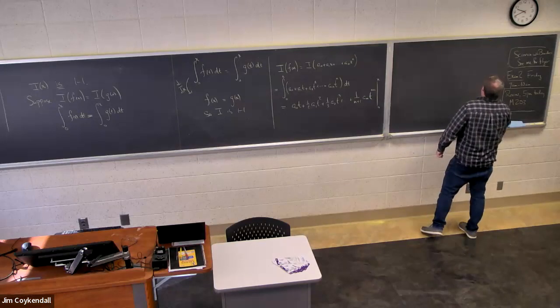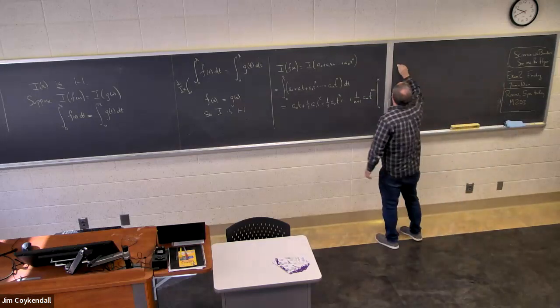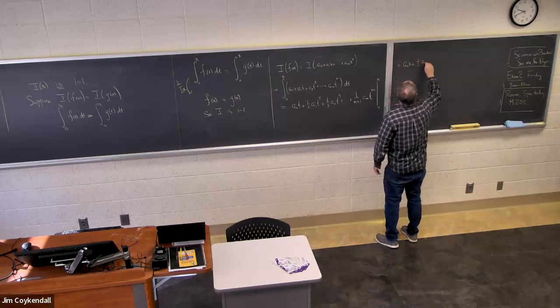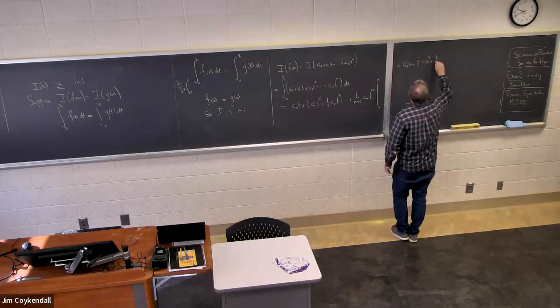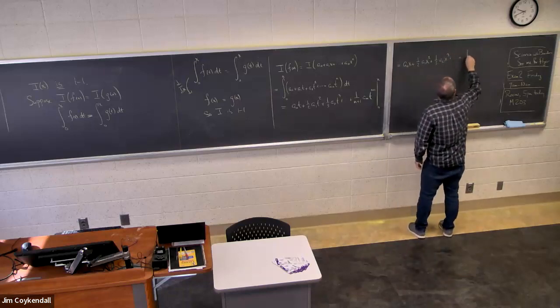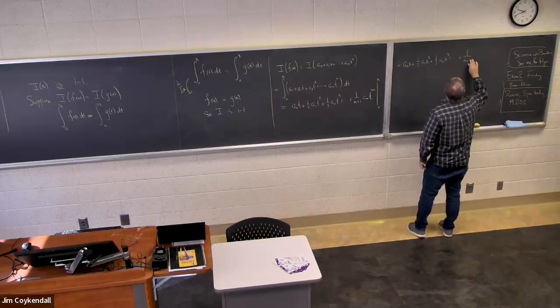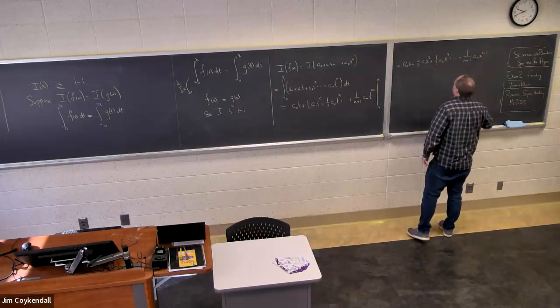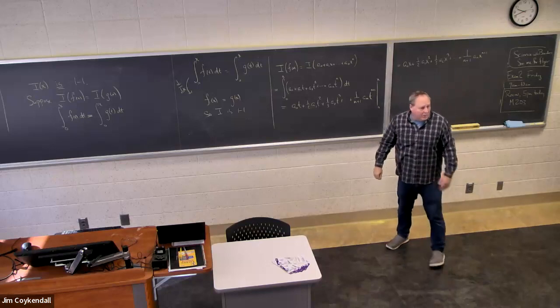And when I plug in x, I get a0x plus 1/2 a1x squared plus 1/3 a2x cubed plus 1 over n plus 1 a_n x to the n plus 1, minus what I get when I plug in 0.